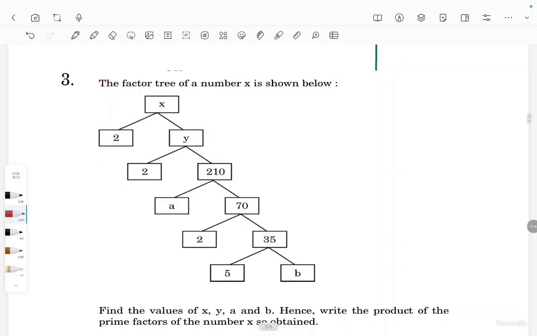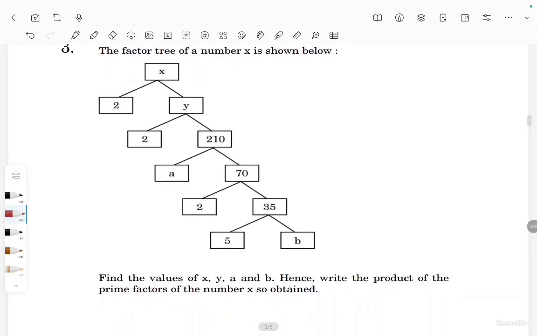Next is the third one. The factor tree of a number x is shown below. We have to find the values of x, y, a, b. Hence write the product of prime factors of number x so obtained.